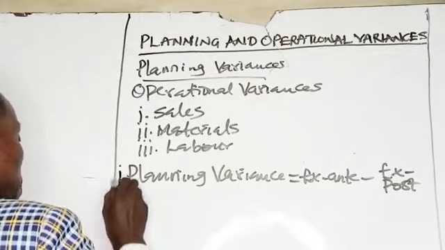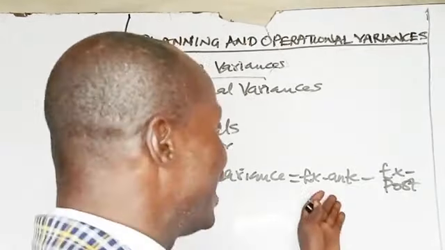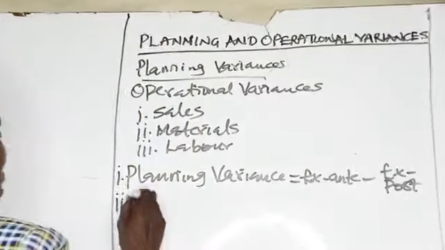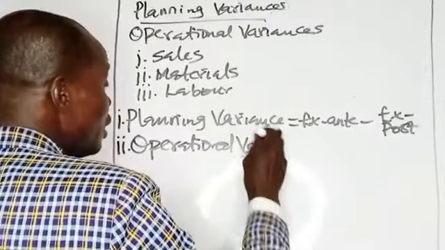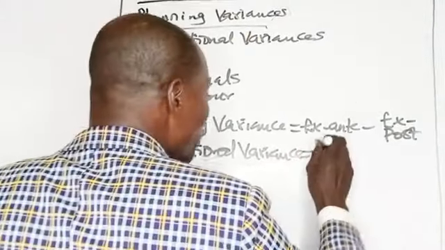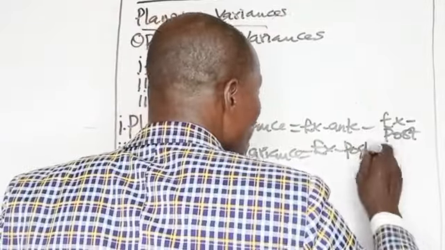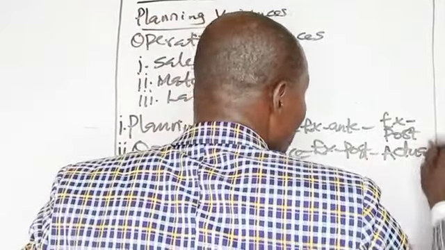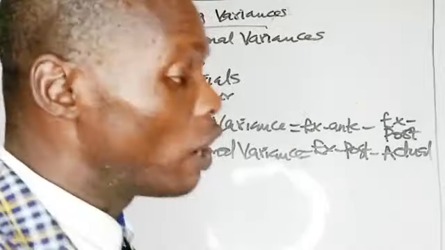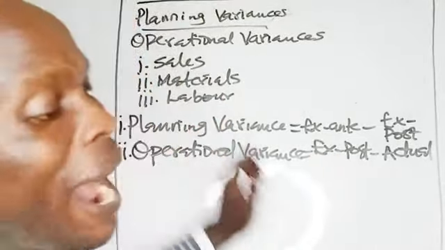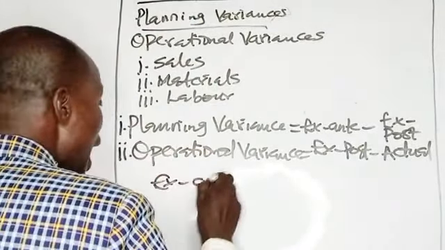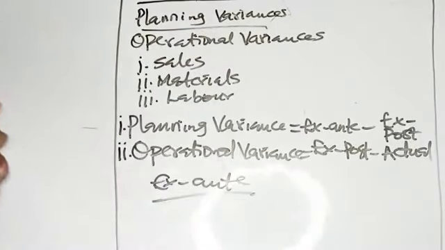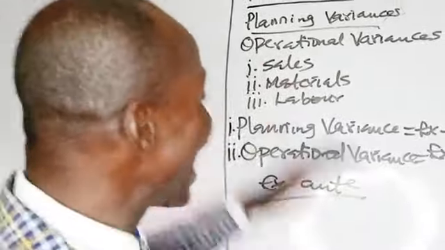In computing the operational variance, you have the ex post minus actual. I will still explain what ex ante and ex post mean. So, what do we mean by ex ante? Ex ante is the first target set.